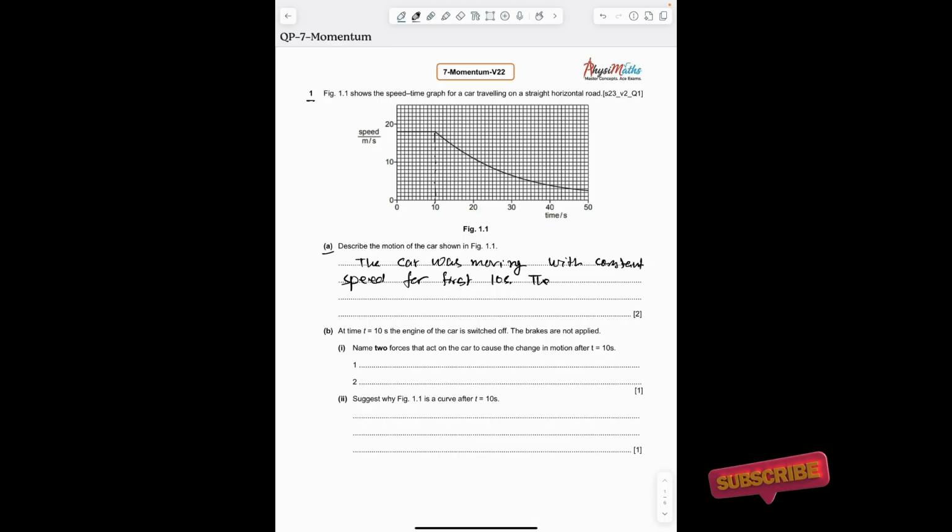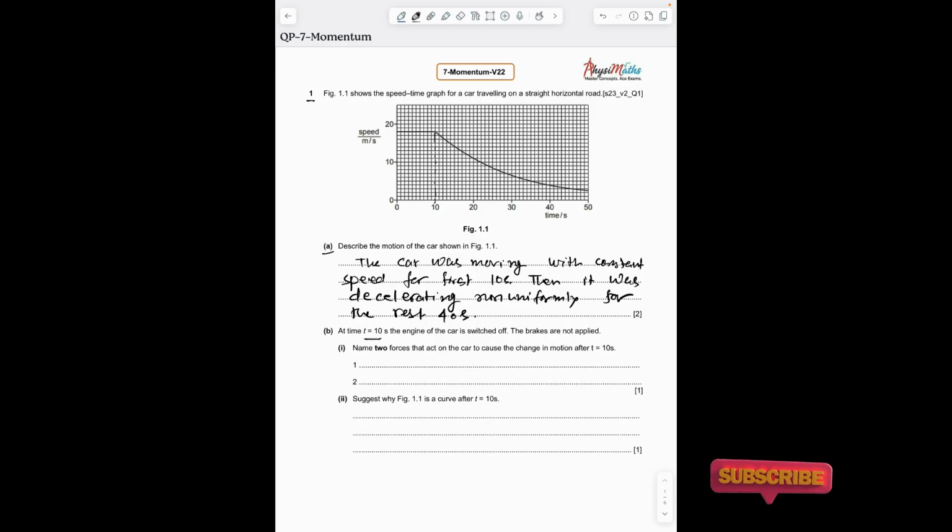Then it was decelerating non-uniformly for the rest 40 seconds because you can see the curve.